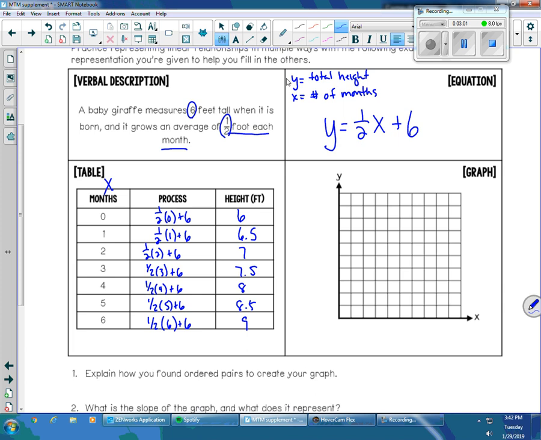Okay. Hopefully your table looks like my table, and if it doesn't, go ahead and make the correction.